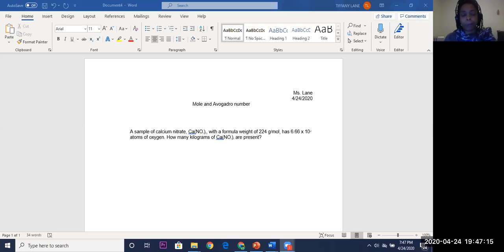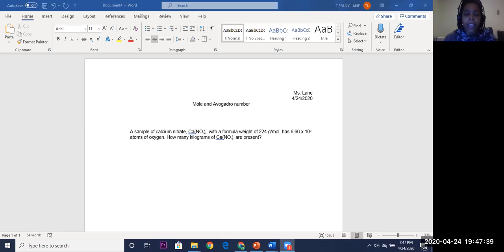Whenever I'm given a problem, the first thing I do is go through it and ask, what is a sample? Something small, like this. And what is calcium nitrate? That's some type of chemical. The molecular weight means I'm weighing that chemical, and the weight is 224 grams.